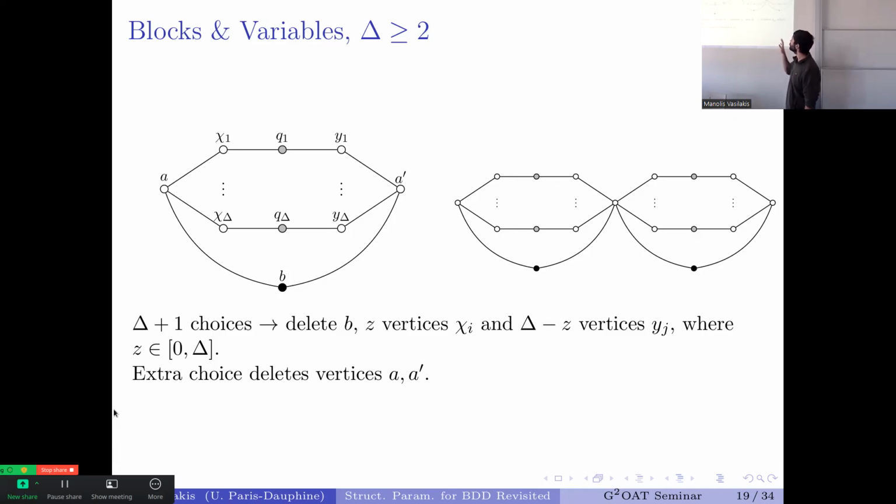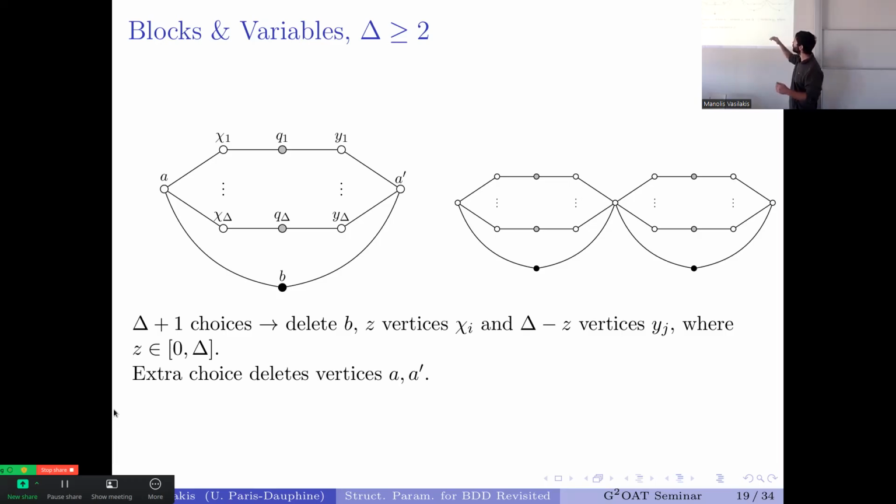And this results in A prime having a couple of vertices from its left side. So A prime is actually this vertex in the middle, right? It's A prime for one gadget and A for the immediately following gadget.